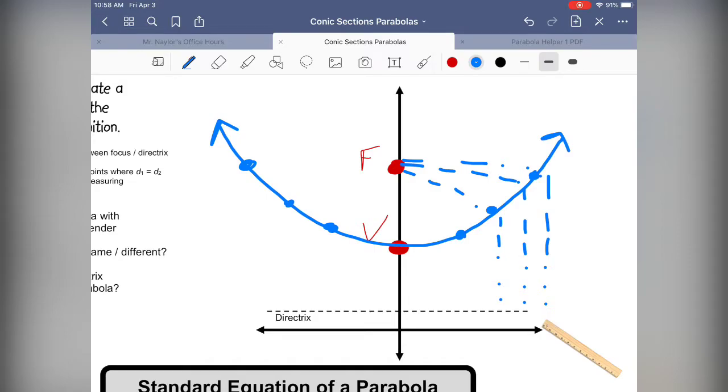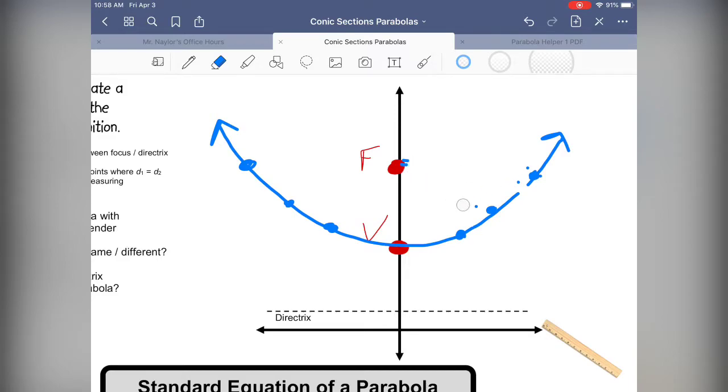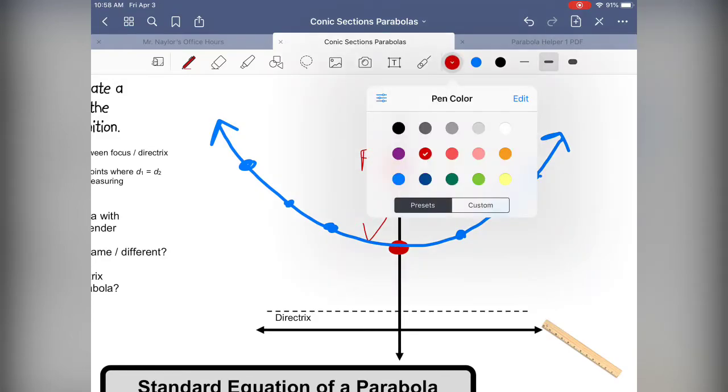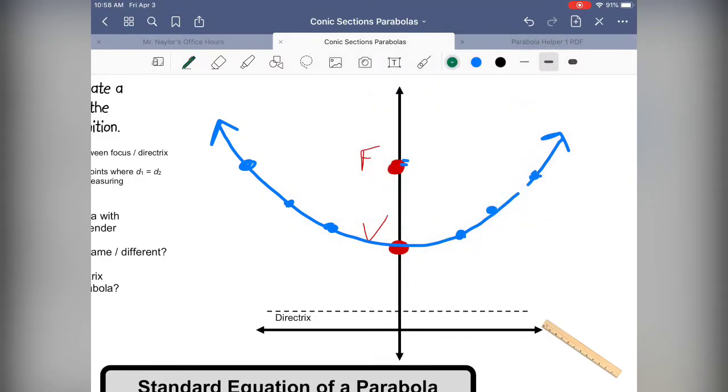And what this really implies, when we get into a little bit more of the physics of this math, is that this focus right here is a special point. It literally is the place where all the values would reflect to that center. And that's why, when we talk about a reflector, like a satellite dish or a mirror used in telescopes, anytime a light ray or a signal comes from, like, a satellite, it always bounces to the focus.